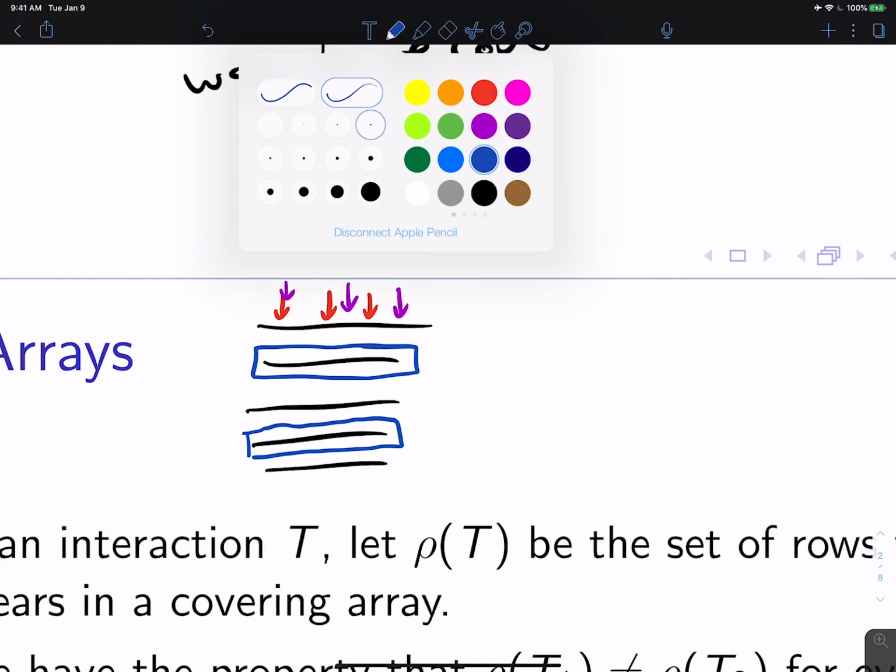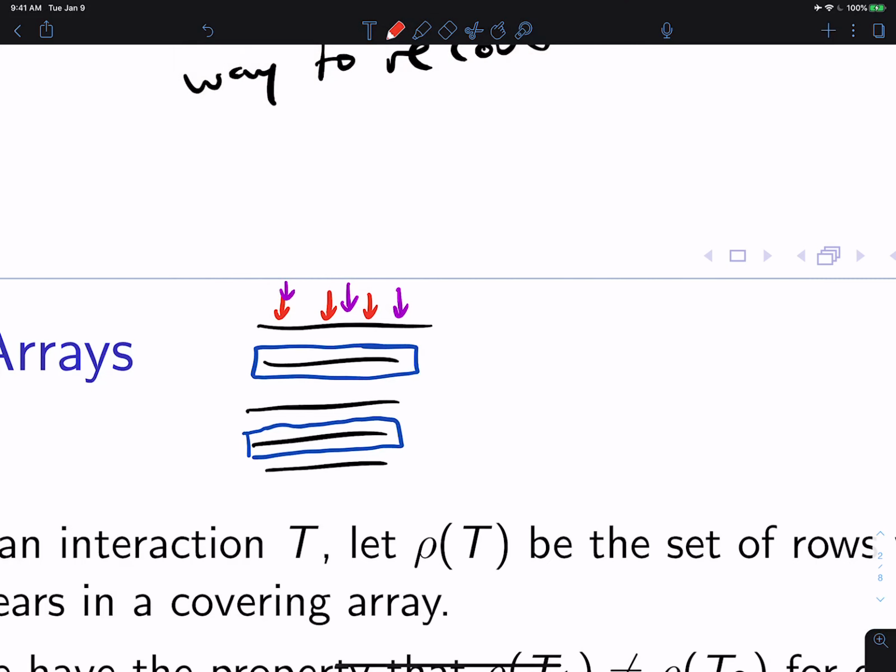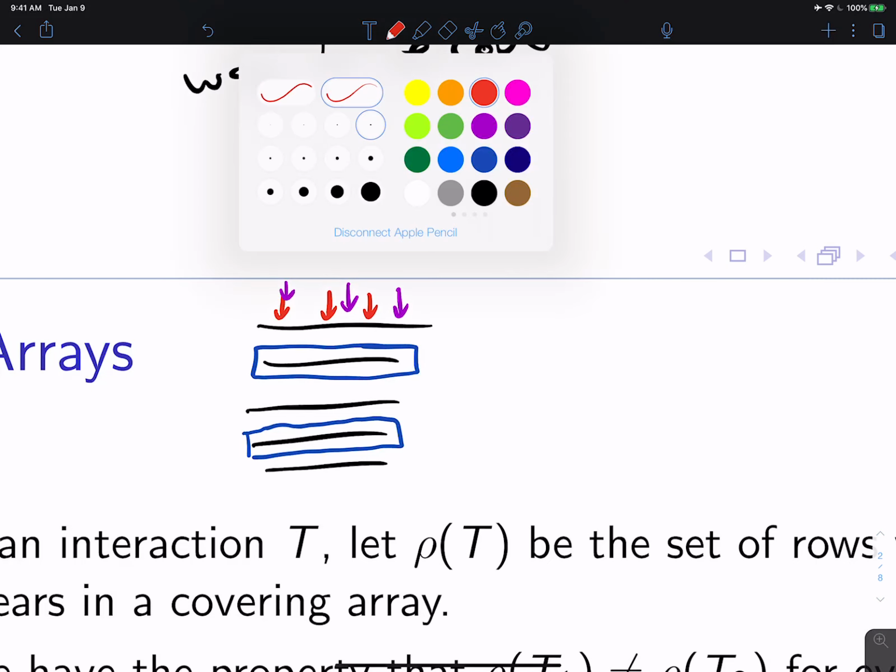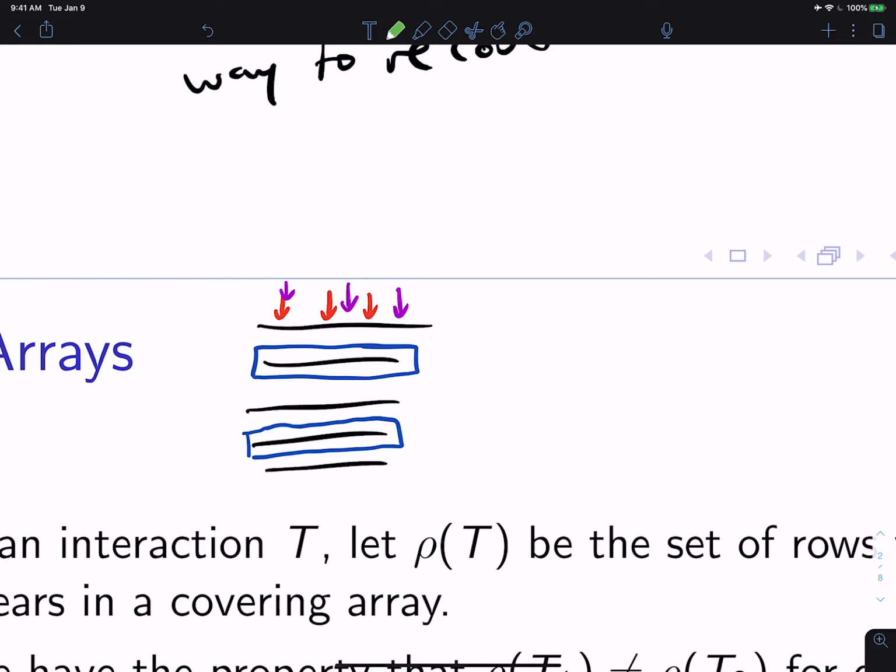Well, let's run our tests and look at which tests pass and which tests failed. So let's say maybe this test passes, this one passes, and then the other 2, the ones that we have circled or boxed, did not pass. Okay?